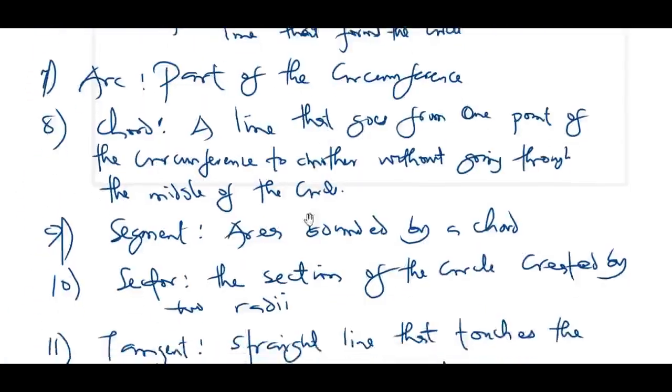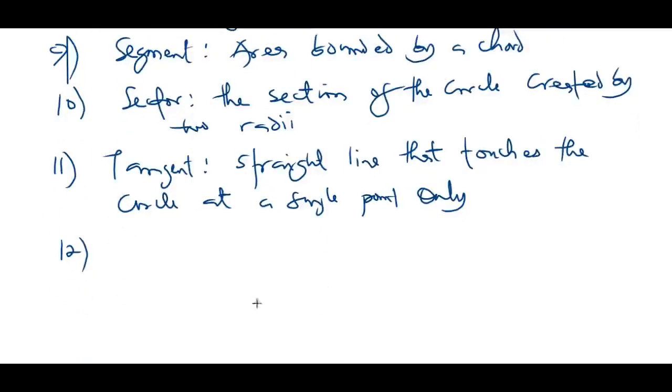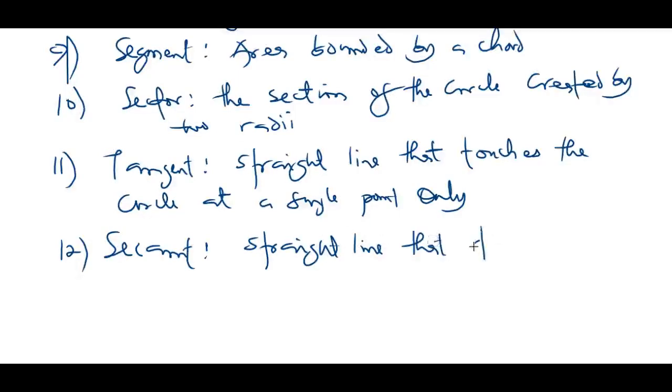So let's have it. Secant. A secant is a straight line that touches the circle at 2 points. So it goes through the circle.